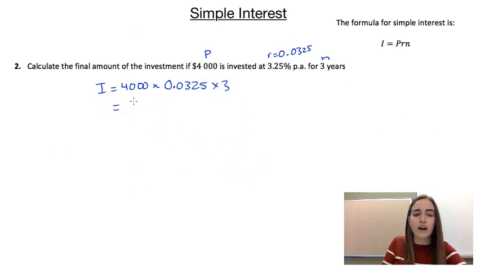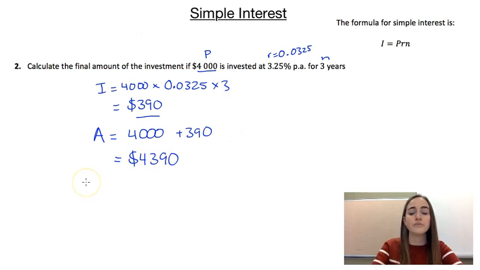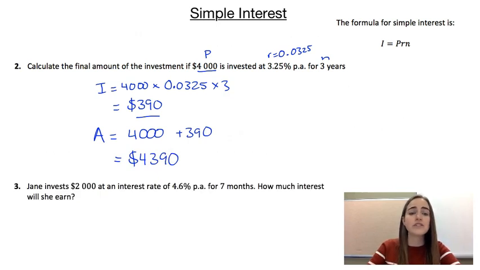And that's going to give us $390. So that means the total amount of the investment is the $4,000 plus the $390. So the total amount, we'll add those two things together, which is going to give us $4,390 in total.